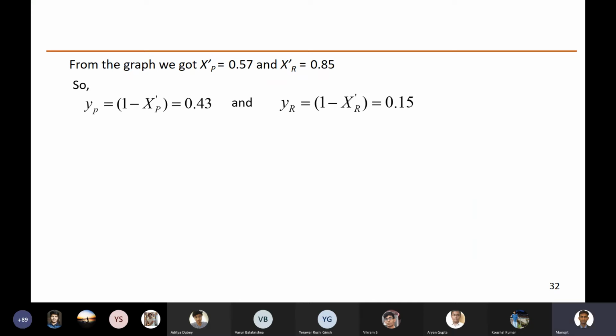If you see the values YF, YR and YP, the example that I had given in the last class, does that make sense? The YP value is 0.43, YR value is 0.15 and YF is 0.25, right? This is exactly similar to what we had discussed in the last class.